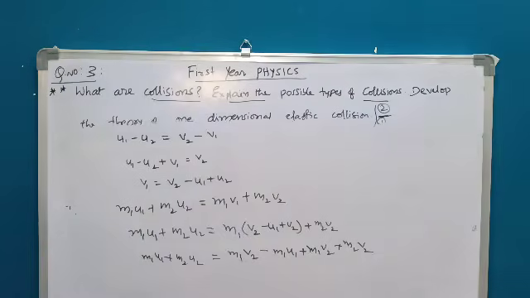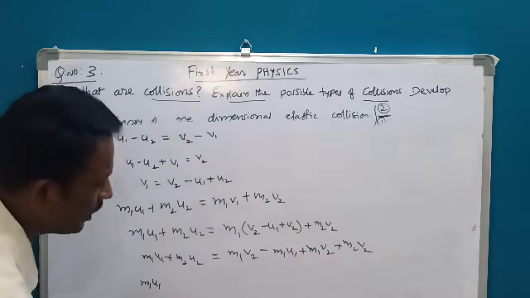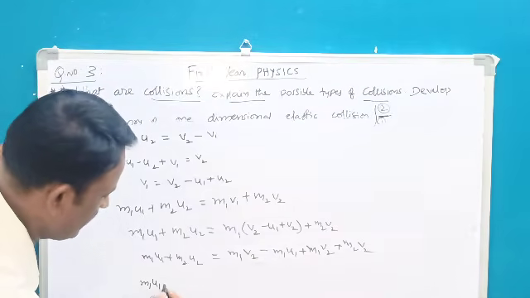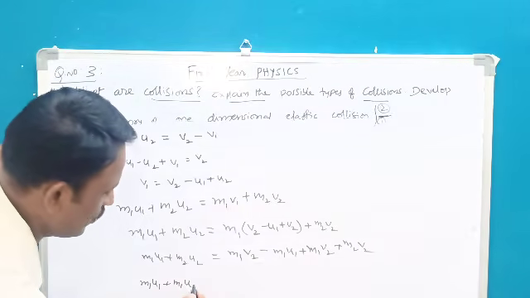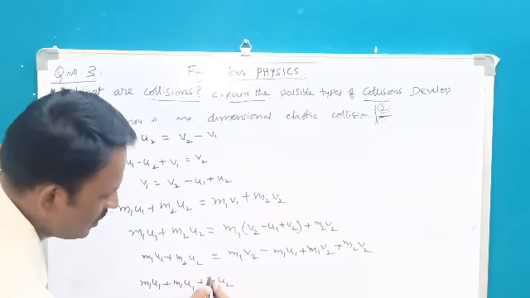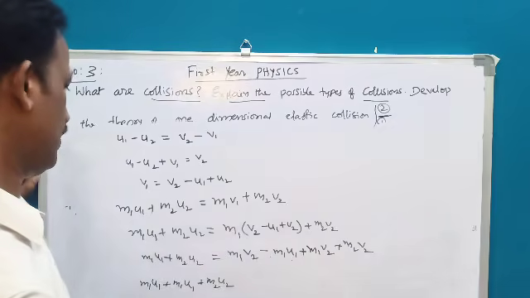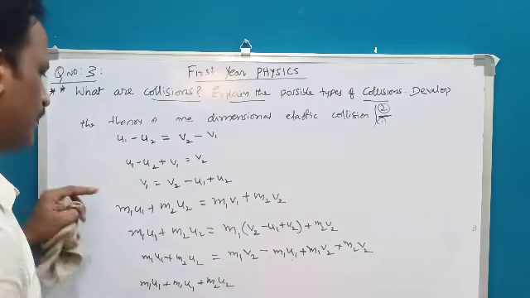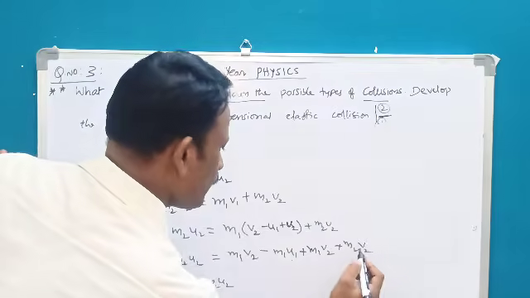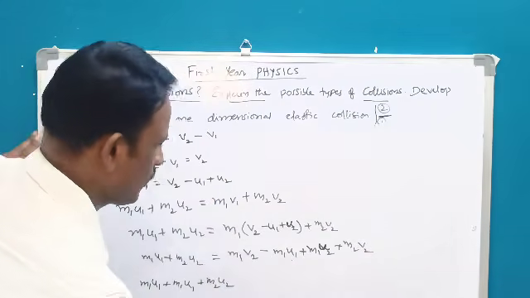Same thing, use one side. So m1 u1, okay, here minus m1 u1 is there. If it comes this side, plus m1 u1, plus m1 u1 plus m2 u2 we have here, and anything that we have here, v2, u2, this is u2, this is u2, this is u2.